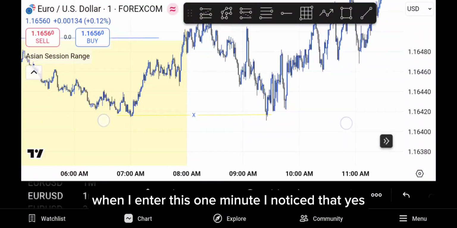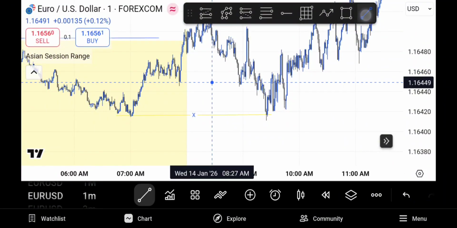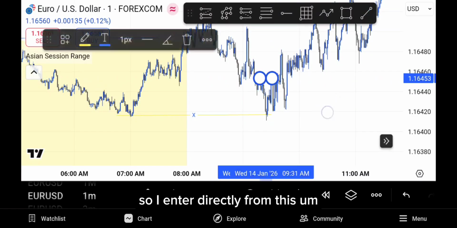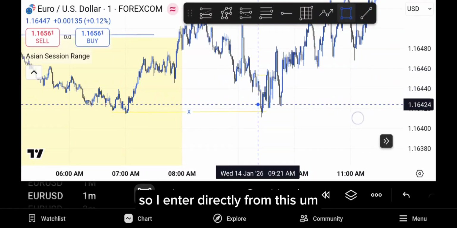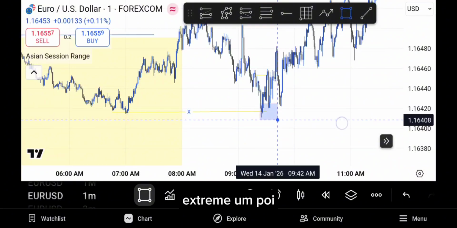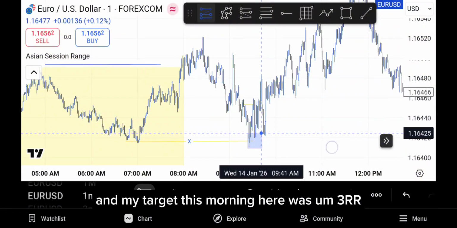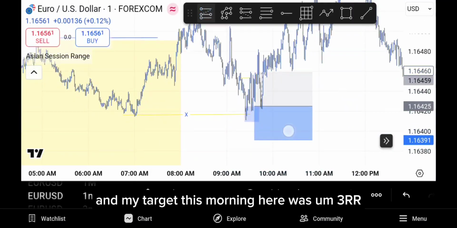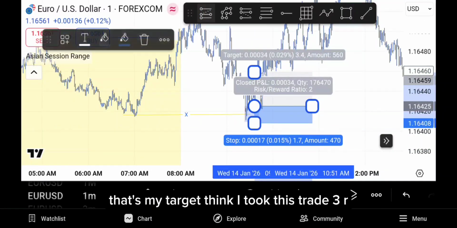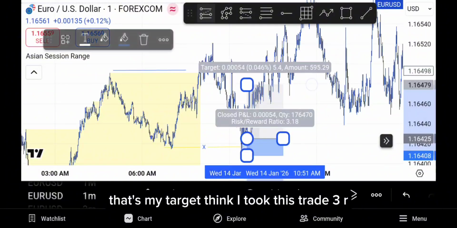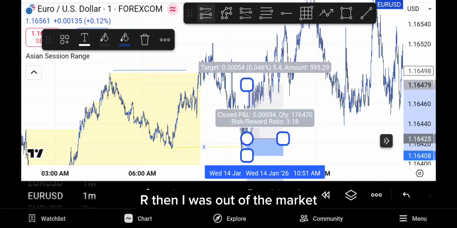When I entered this 1 minute, I noticed that yes, price had a change of character here. So I entered directly from this extreme POI. My target this morning was 3RR. I think I took this trade at 3RR, then I was out of the market.